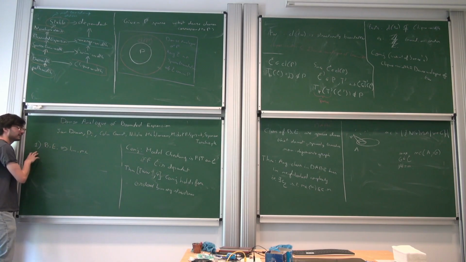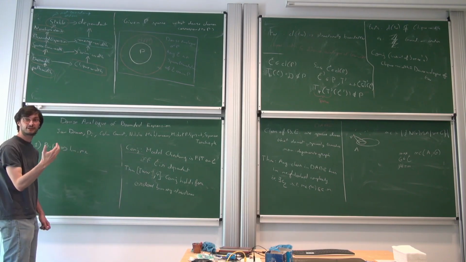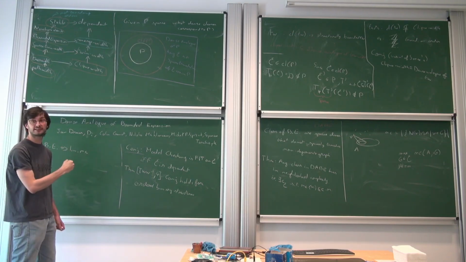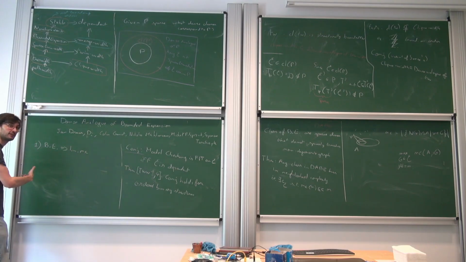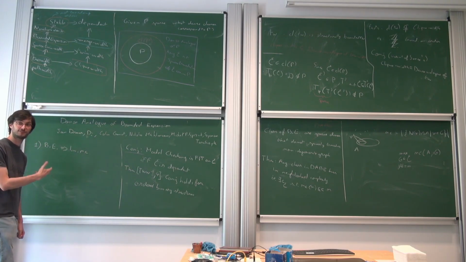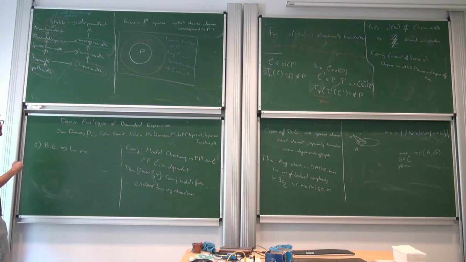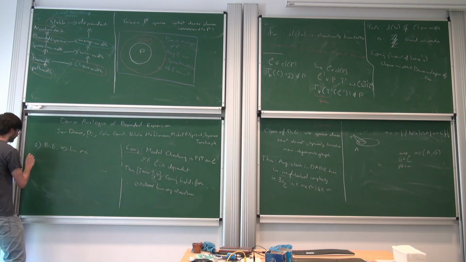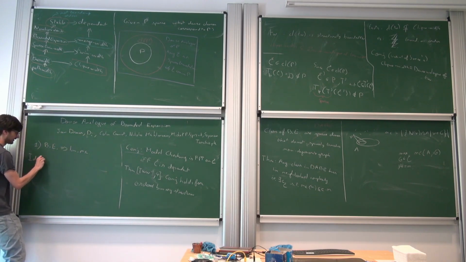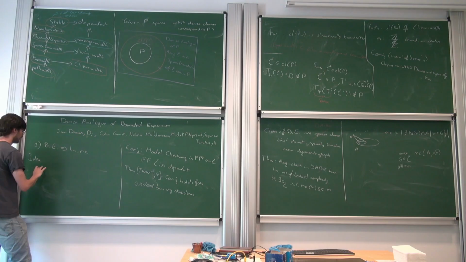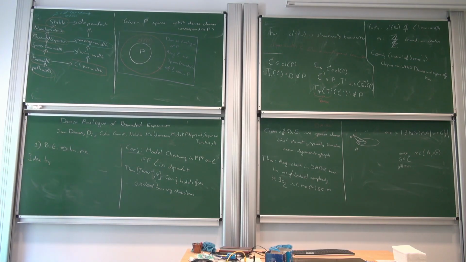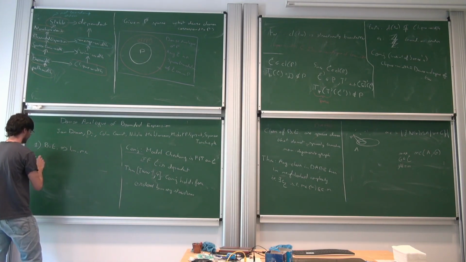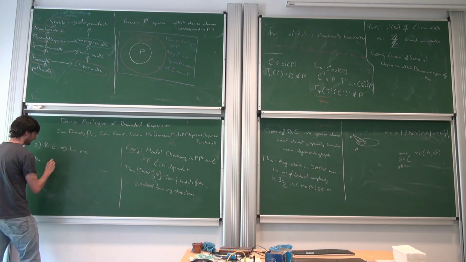Our goal is to say that if you take a class in the dense analog of bounded expansion, you can transduce a sparse class, a class of bounded expansion, and you maintain the number of neighborhoods. So by the contrapositive, by absurd, the idea is assume the opposite.